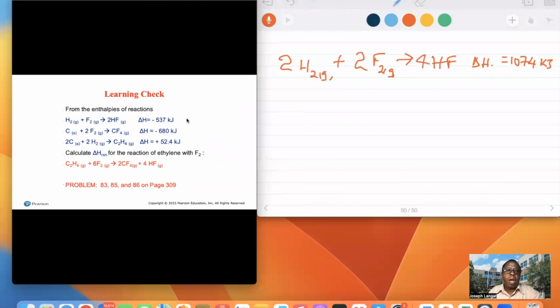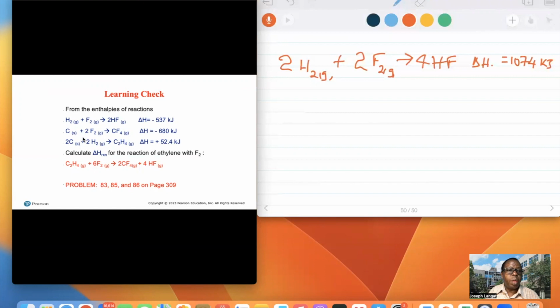So here I multiply equation 1 by 2. It looks like equation 2 needs to be multiplied by 2 as well.